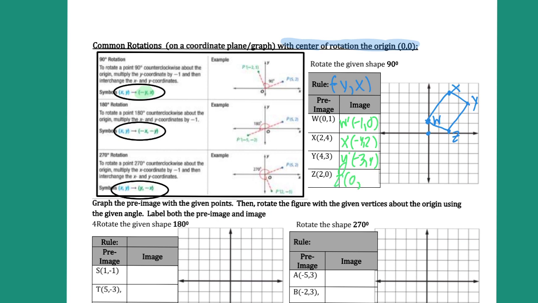Opposite of 0 is still 0. And then 2. And so we just plot these points. So this is W prime. And you should label these points. -4, 2, that'd be X prime. And then -3, 4, and then 0, 2.